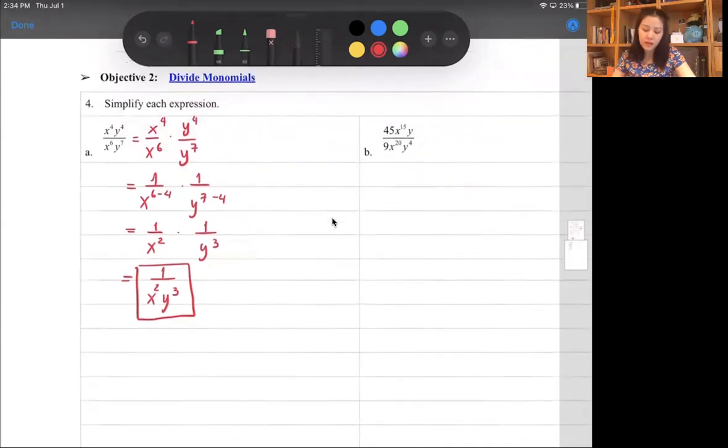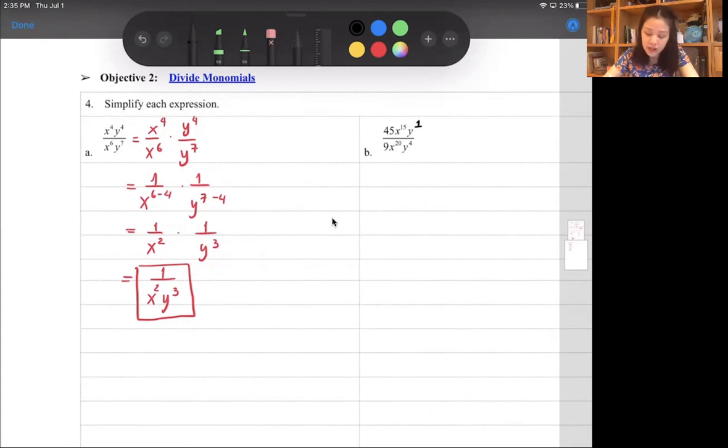Problem 4b, I have 45 times x to the 15 times y to the 1st. Now, if you don't see anything as the exponent on that term, I recommend you put the 1 there, so you don't mistake it with 0. Divided by 9 times x to the 20 times y to the 4.